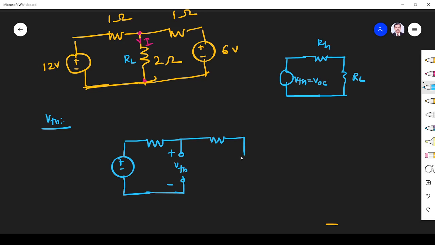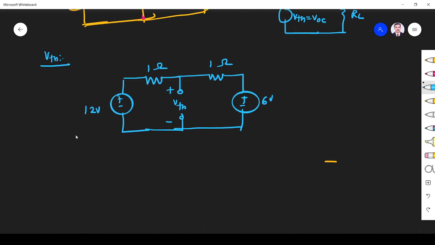Now this is a circuit. This is 6 volt, 1 ohm, 1 ohm, right? It is 12 volt. So I have to find what is the voltage across this circuit. So I apply KVL. Apply KVL because it is only a single loop, so we can directly find the current flowing through the circuit. From this, I have to find the voltage across this load resistor.